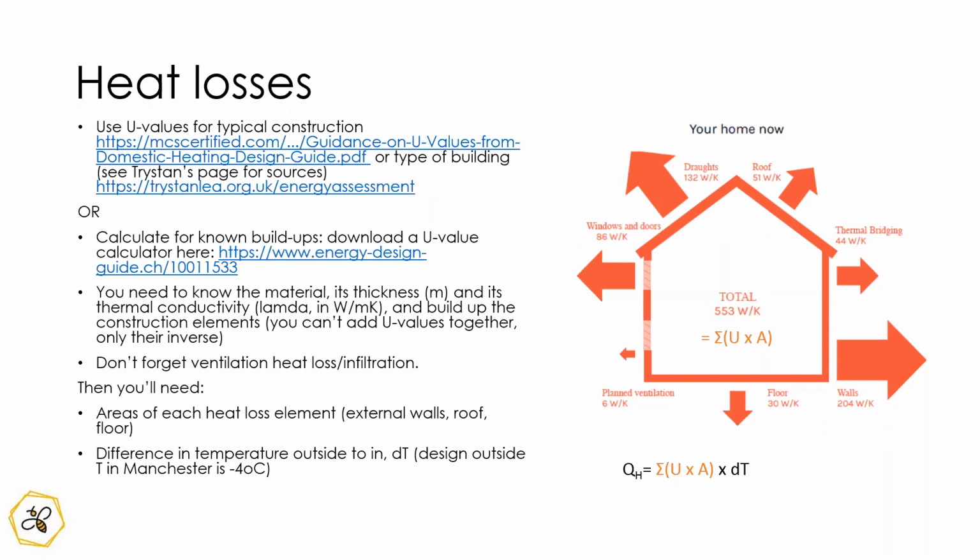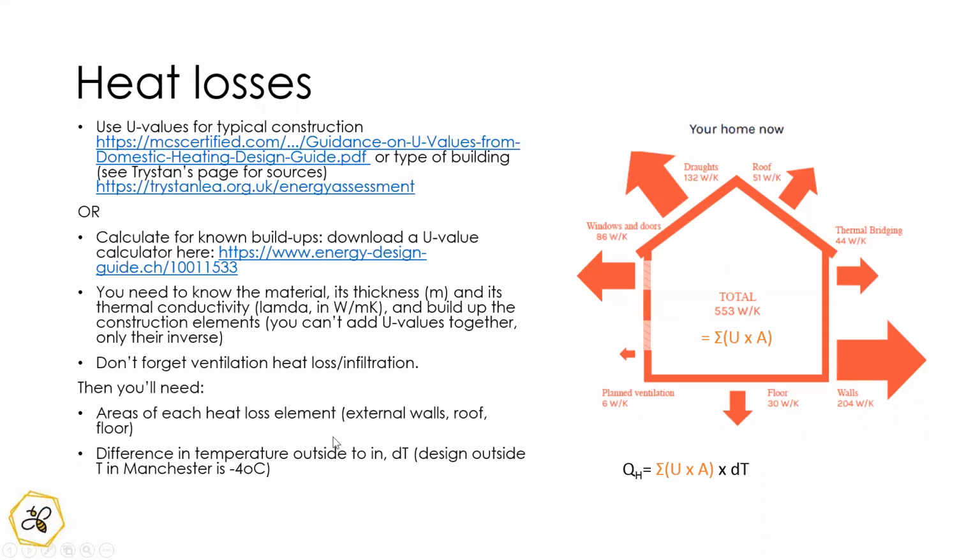Open chimneys, yes. That can double the heat load of a lounge sometimes. I think there are values for that in the domestic heating guide, with ventilation rates based on how many chimneys you've got.